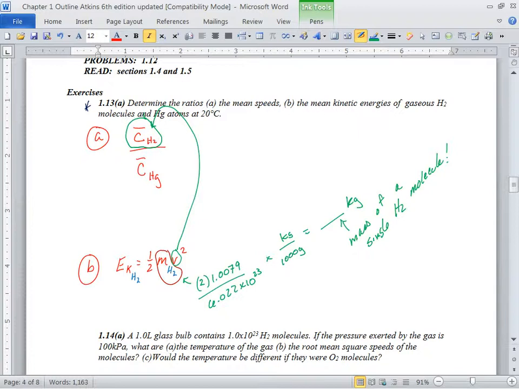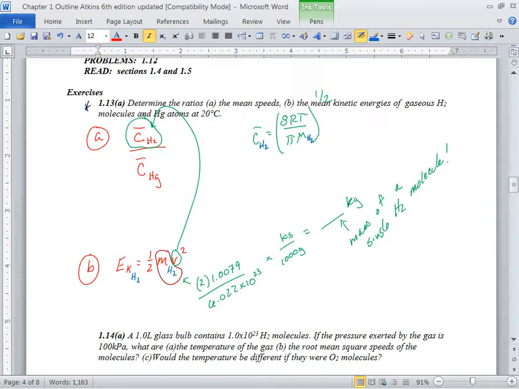Which one were you talking about right now? Well, for part A, you need to use C bar is 8RT over pi times M. I'm just copying it from the notes here. And if you want to calculate the average speed for H2, this has to be the molar mass of H2, but in kilograms per mole.